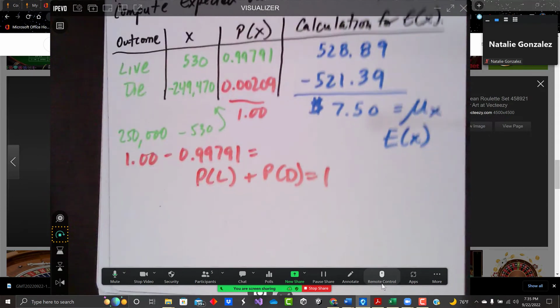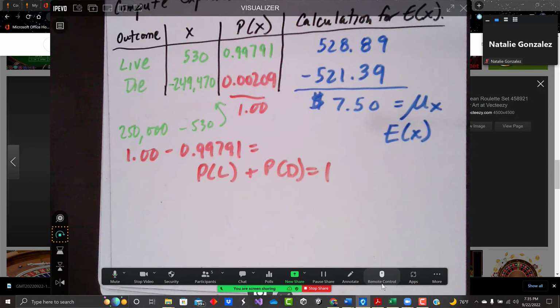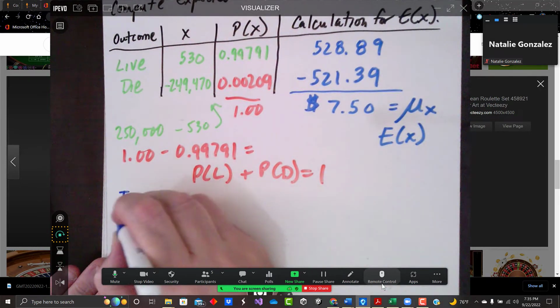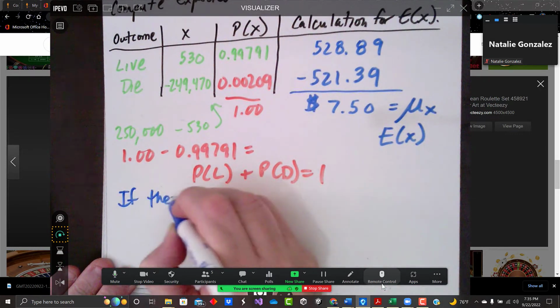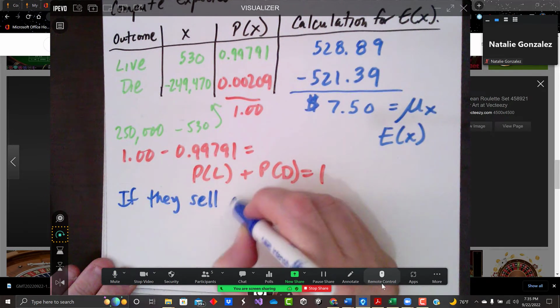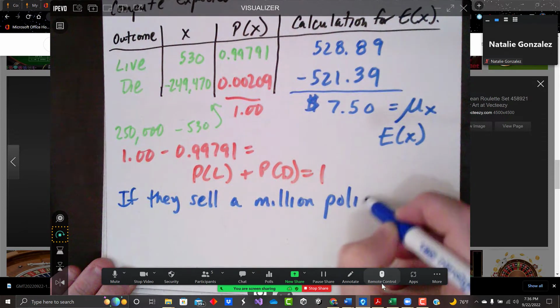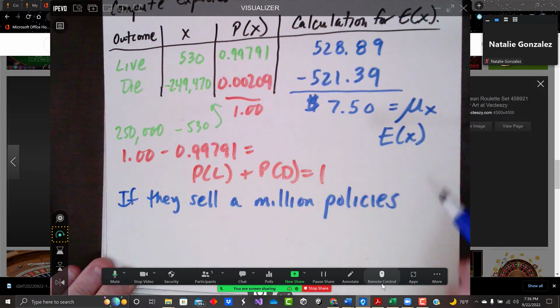So what does that mean to the company? $7.50 doesn't seem like a lot. But life insurance companies sell a lot of policies, don't they? If they sell 1 million policies, this expected value doesn't work if they only sell like 50. That's too low. They're not going to make enough money. If someone dies, they're going to lose a lot of money.